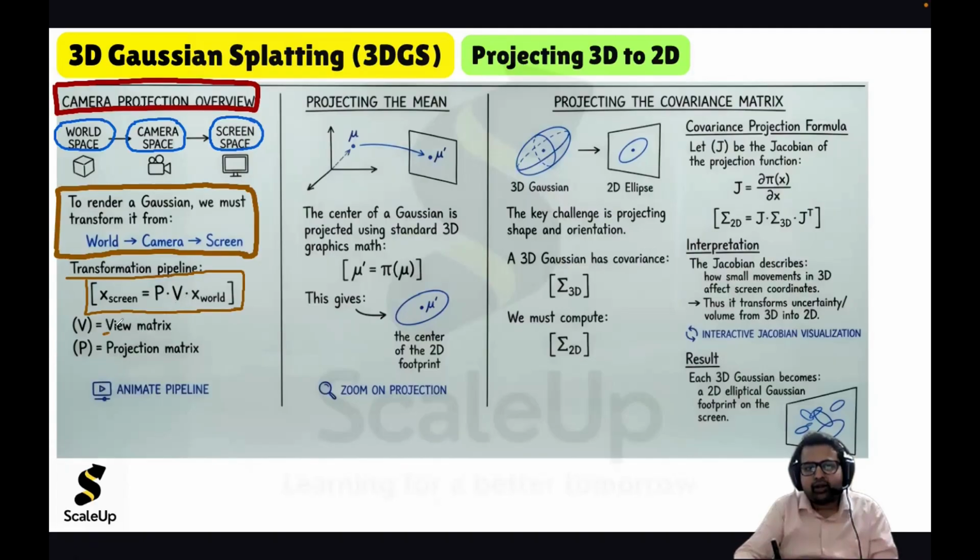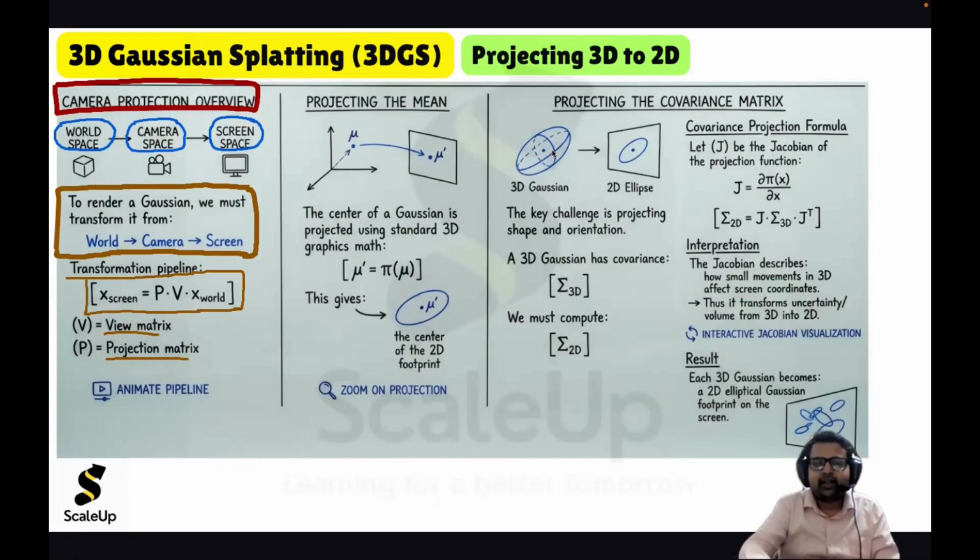And P is the projection matrix. It will convert the 3D into 2D. The result of this mathematical operation will be the 2D Gaussians which fall on the screen, so we get screen space. X screen is the screen space, X world is the world space, P is the projection matrix, V is the view matrix.